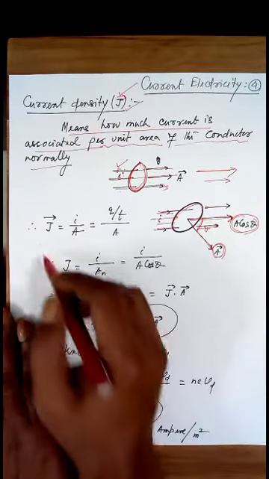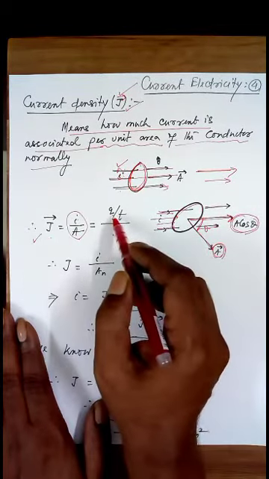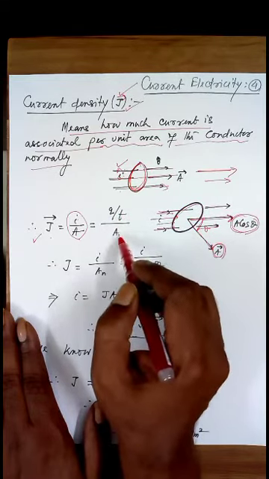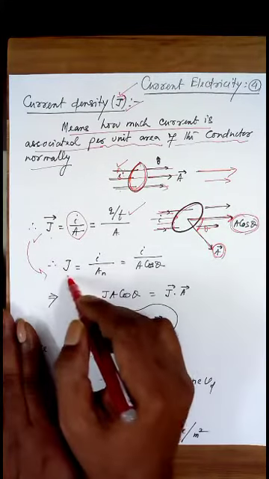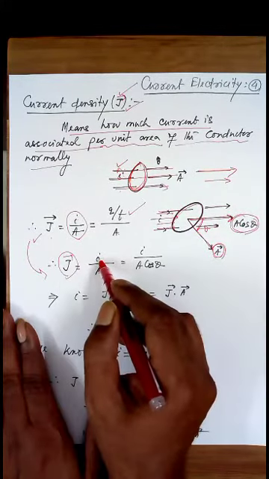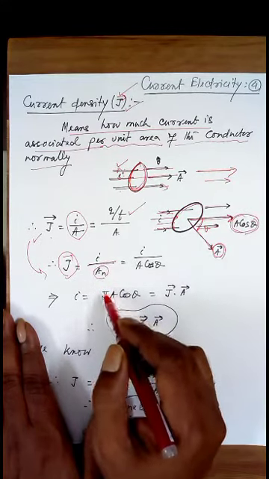So current density J is defined as current by area, and current we know is charge divided by time. Actually, current density J is equal to the current coming out normally from the area.